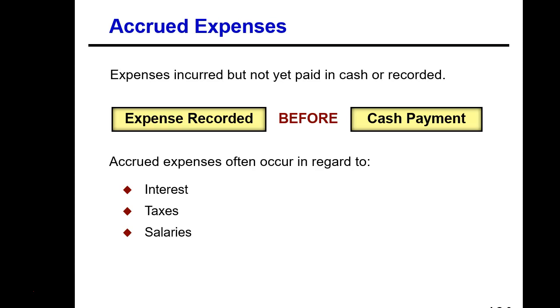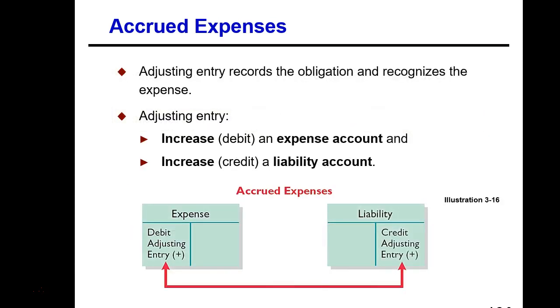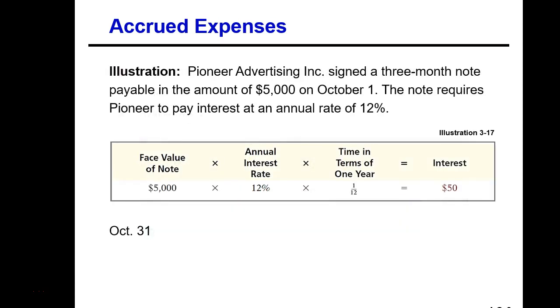So we're going to recognize the amount that we owe in expenses by the end of the accounting period, and we then want to journalize and record that particular transaction. When you have an accrued expense adjustment, you're going to debit an expense account to recognize the expense. And because you haven't paid it yet, you still owe for it, you're going to credit and recognize an increase in your liability account. Okay?